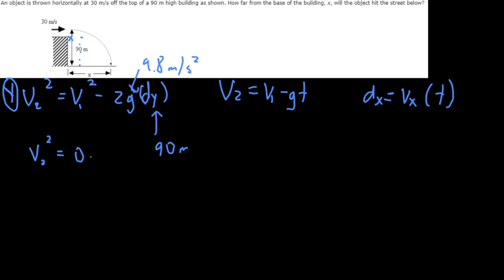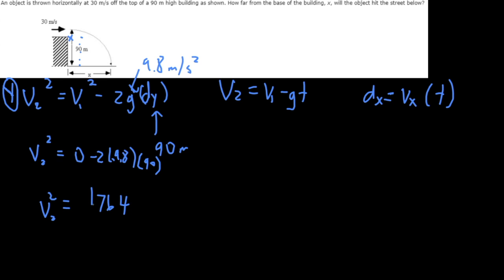Minus 2 times 9.8 times dy, the distance it has to drop, which is 90, so we already have that. When you plug this all in and multiply, negative 2 times 9.8 times 90, you get 1,764. Oh, I forgot to put a negative for the 9.8.